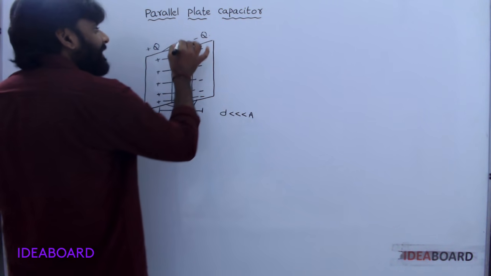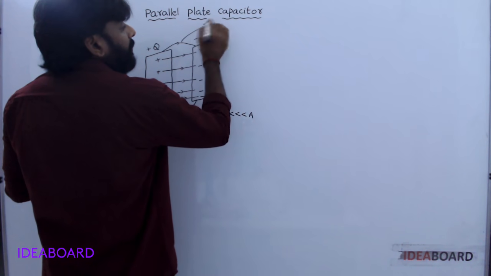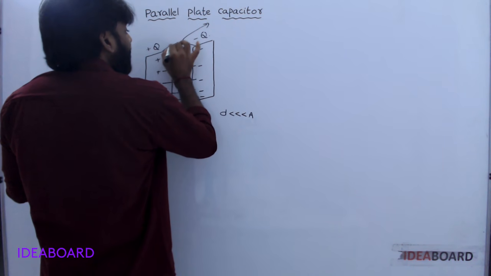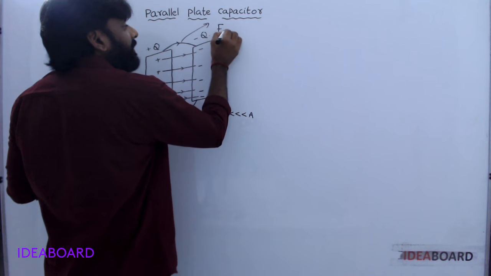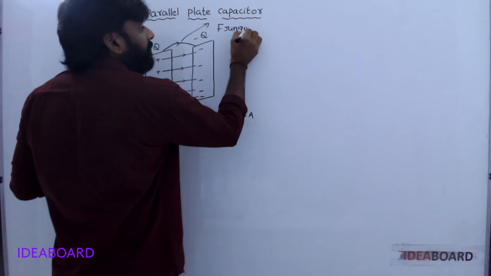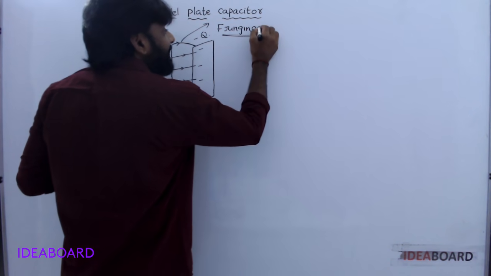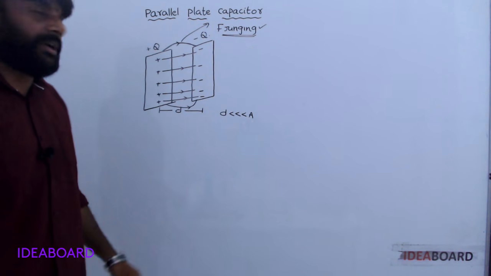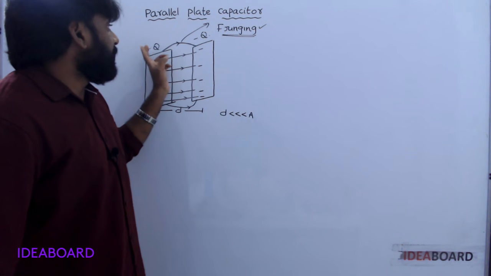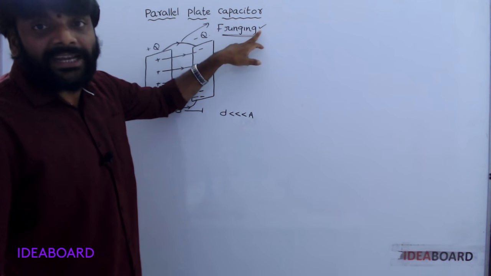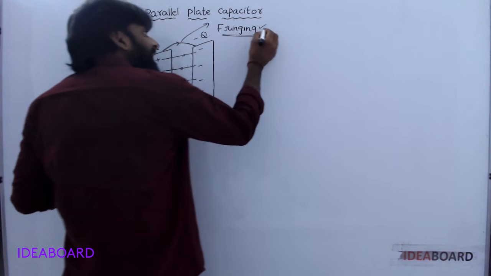That bending of the electric lines of force at the edges is nothing but the fringing effect. It is neglected.